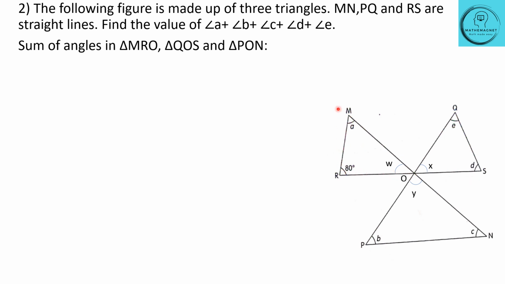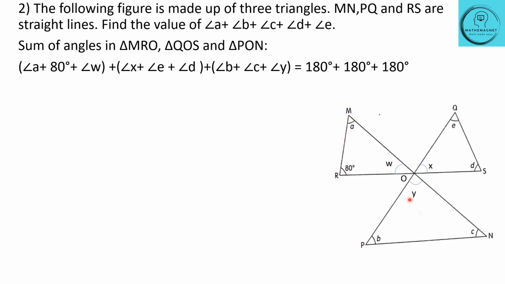For triangle MRO, it will be angle A plus 80 plus angle W will be equal to 180 degrees. Similarly, for triangle QOS, angle E plus D plus X will be equal to 180 degrees. And for triangle PON, angle B plus C plus angle Y will be equal to 180 degrees.